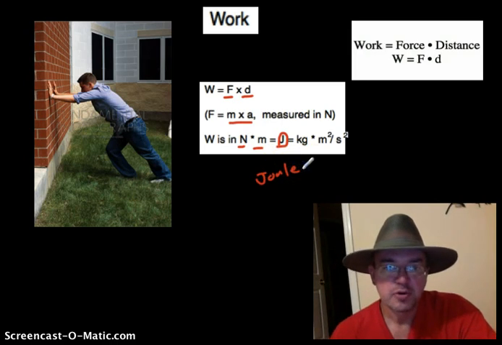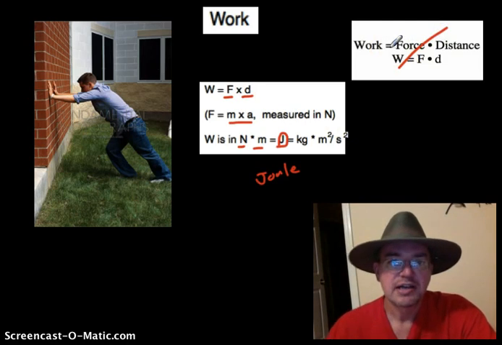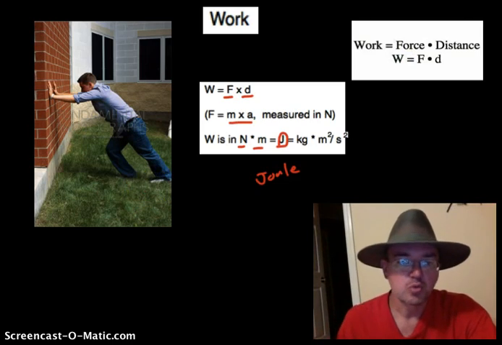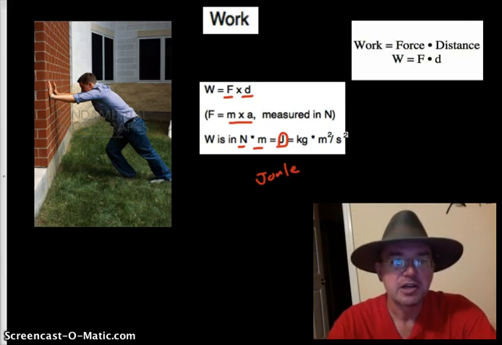Sometimes if you're calculating things, you might want to have it as kilograms times meters squared per second squared if there are things you can cancel out, but we're not going to have any of those just yet. But anyway, work is force times distance. I'll erase this. And we will actually calculate some actual work later on in this video.